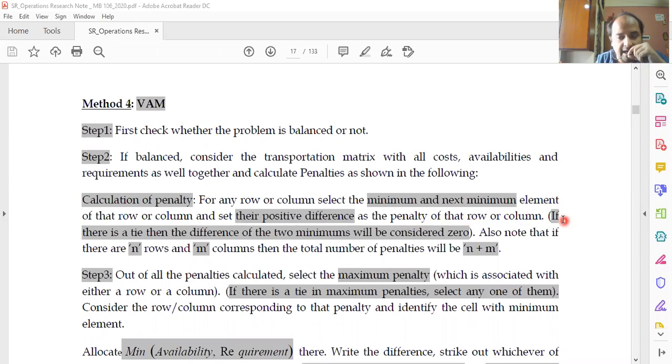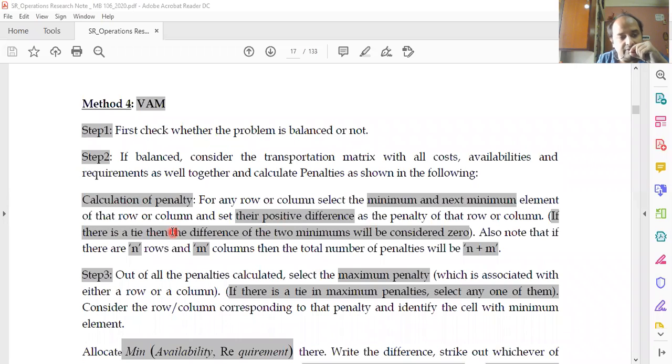In bracket, it is written, if there is a tie, then the difference of the two minimums will be considered 0. Also note that if there are n rows and m columns, then the total number of penalties will be n plus m. First of all, I'm going to show you the calculation of these penalties, and make you understand what we mean by these penalties.